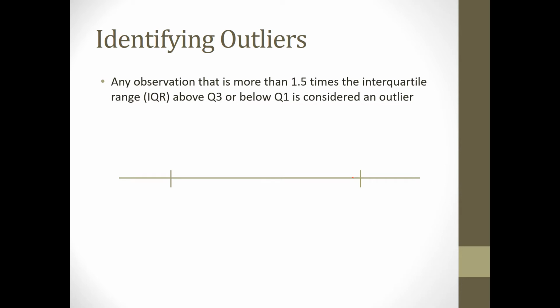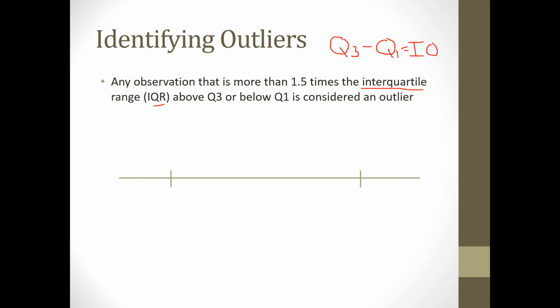Okay, so here is the formula that I told you about that we would use for identifying outliers. An outlier, by definition, is an observation that is 1.5 times the interquartile range above Q3 or below Q1. First I want to talk about the interquartile range. The interquartile range is the biggest quartile, which would be Q3, minus the smallest quartile, which would be Q1.